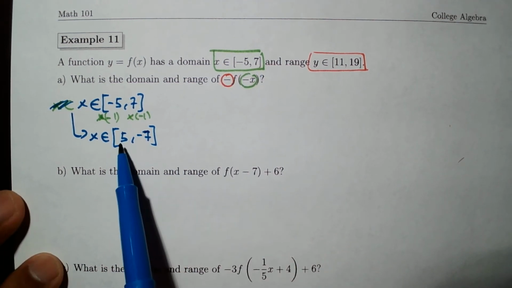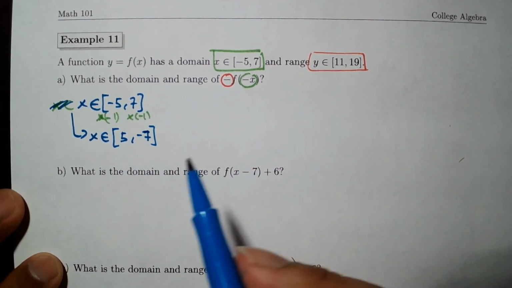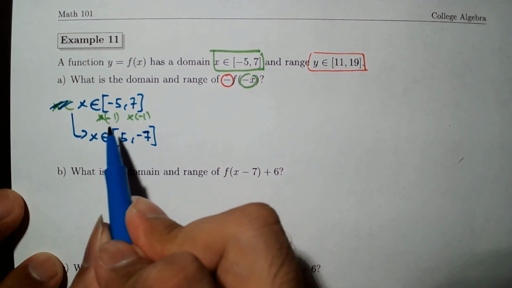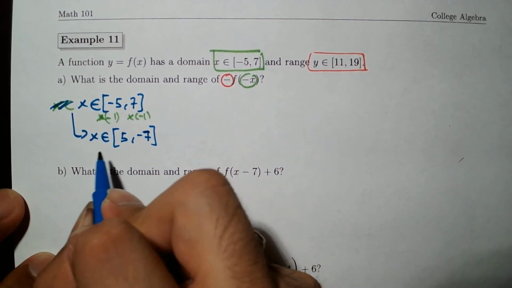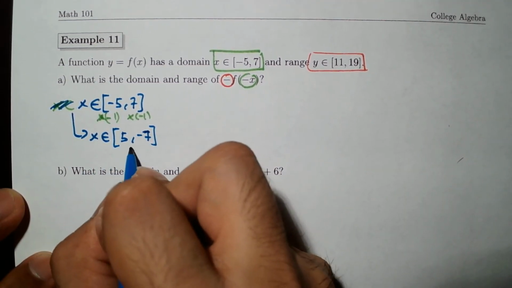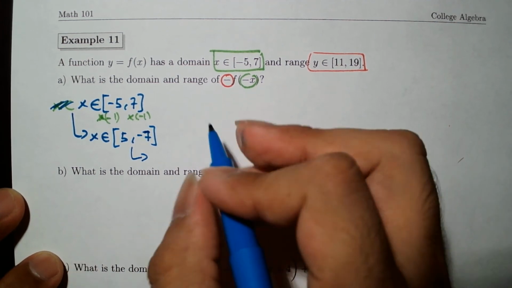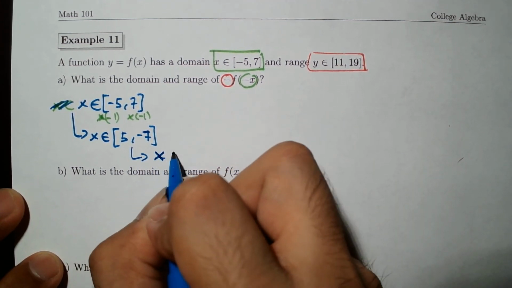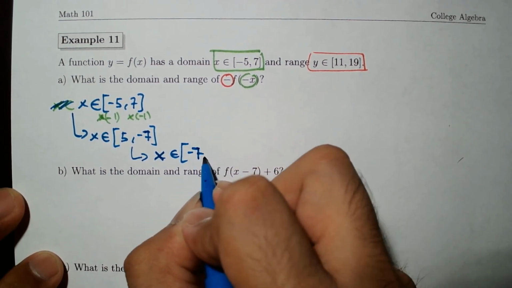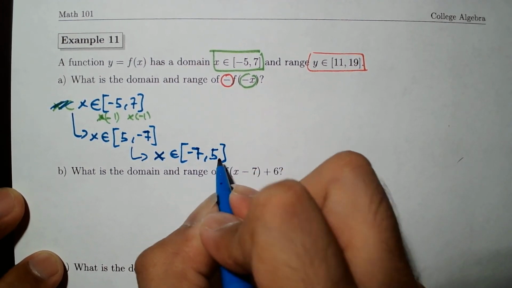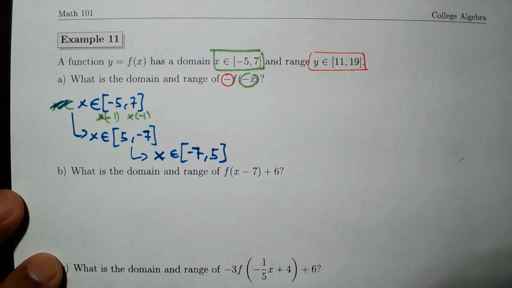But in this case, this doesn't make sense. This is not the right way to write it. This is mathematical baloney. So we go and write it down as x belongs from -7 to +5. That makes sense now.